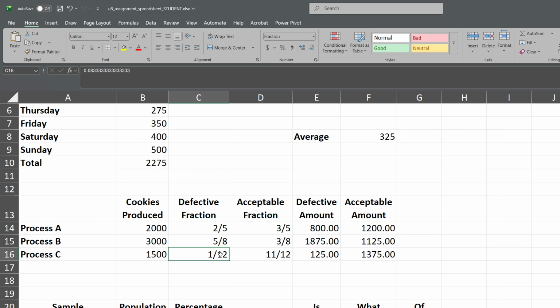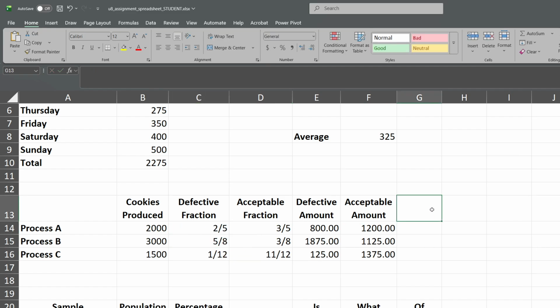And then 1/12 will equal 0.083. 11/12 will be 0.917. 3/8 is 0.375. 3/5 is 0.6. And you can see all that right here. Also, if I just double click in there, you can see the same thing. See that?